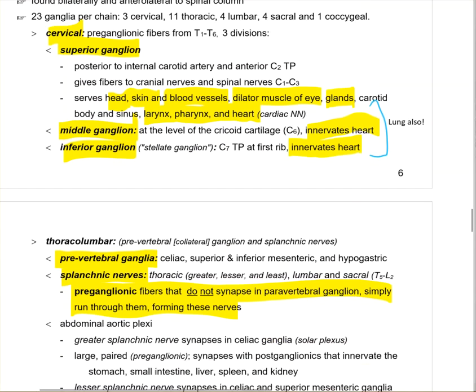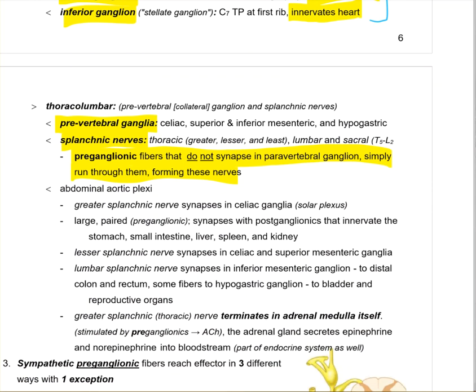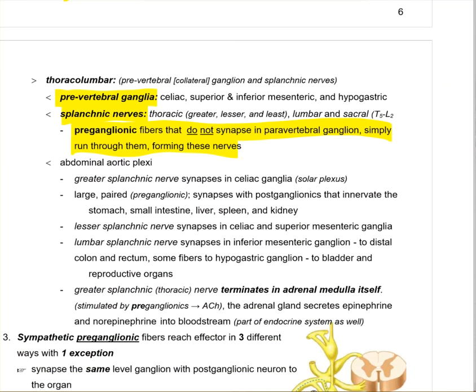So those are listed down here. And so let's highlight those for a second. So the greater splanchnic nerve synapses in the celiac ganglia, and this is a prevertebral ganglia, right? They always are.